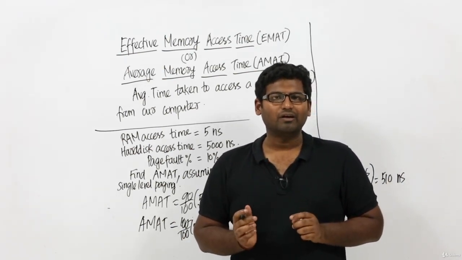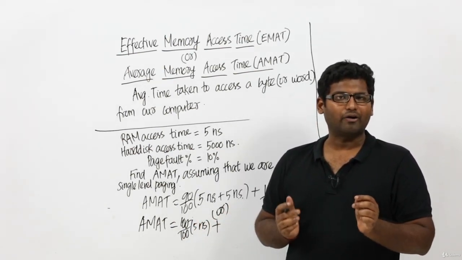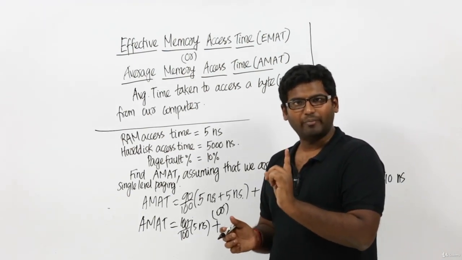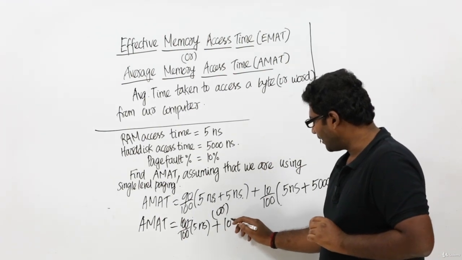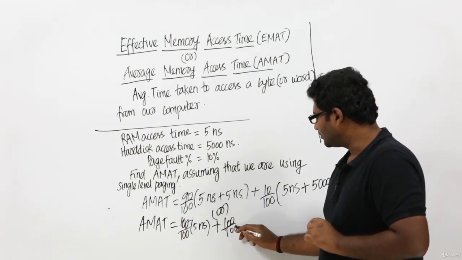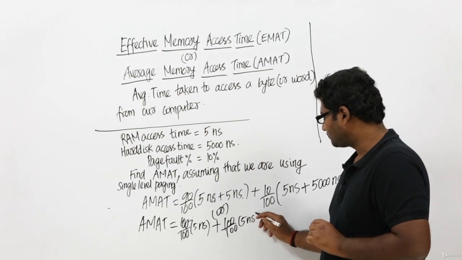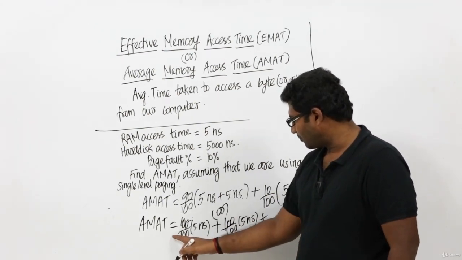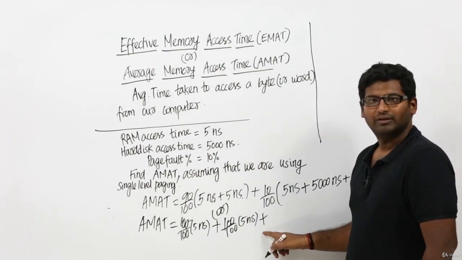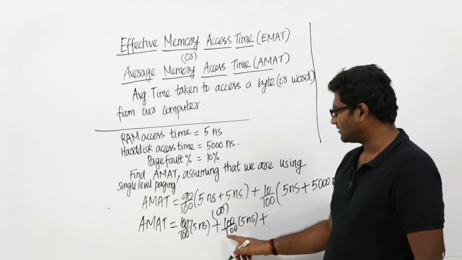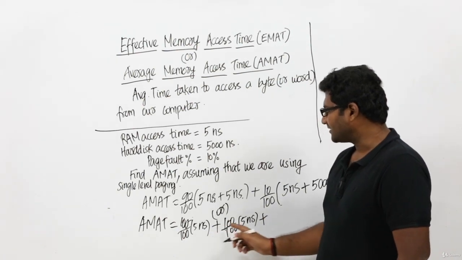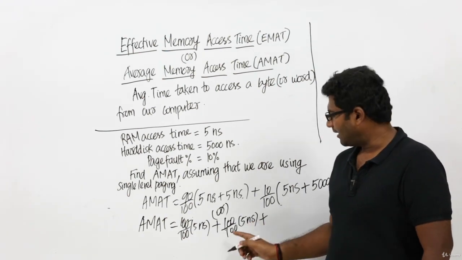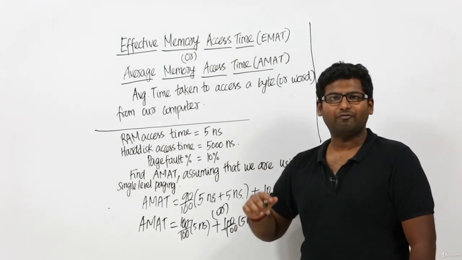So effectively, either way, we are going to read the RAM once, which takes one memory access. Again, 100% of the times it is going to be 5 nanoseconds. You need to understand this: this is for the page table and this is for the process, and both indicate RAM access time. 100% of the times we access the page table, and 100% of the times we read the data from RAM.